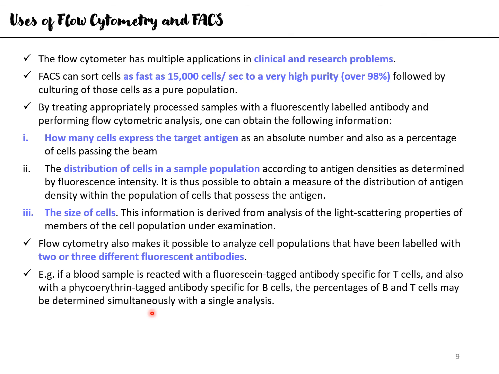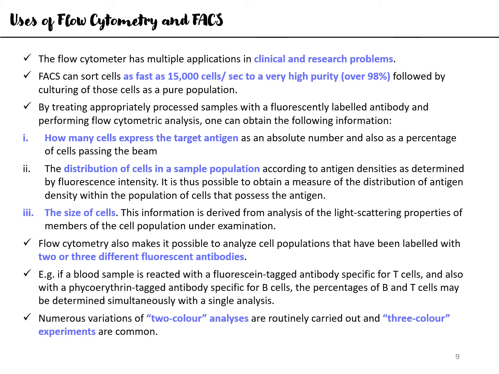So if you are new to this channel, then do go back to the lecture on immunofluorescence to know more about these specific fluorophores. So let us say you have fluorescein tagged T cells and phycoerythrin tagged B cells. The percentage of B and T cells may be determined simultaneously with a single analysis. Numerous variations of two-color analysis are routinely carried out, and even three-color experiments are quite common.